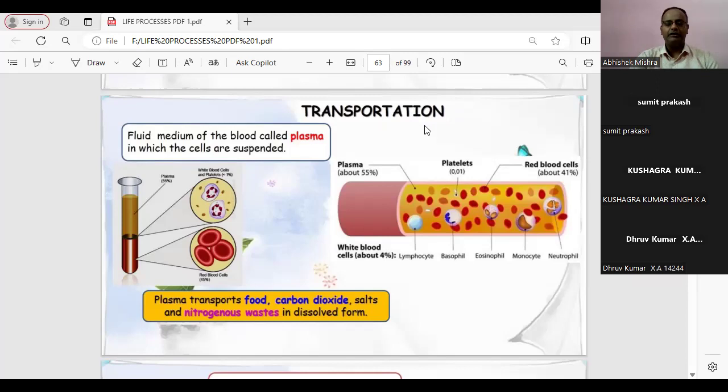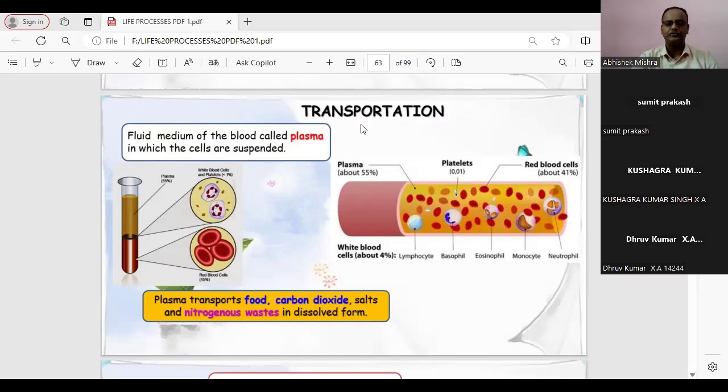Now, if we are about to discuss the function of the blood, then definitely the blood carries the respiratory gases, O2, CO2. It also transports hormones and waste products, and different components have different functions.